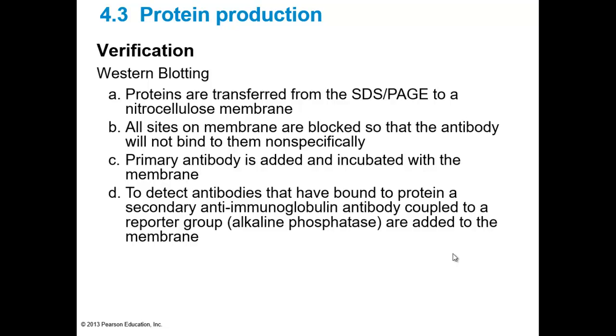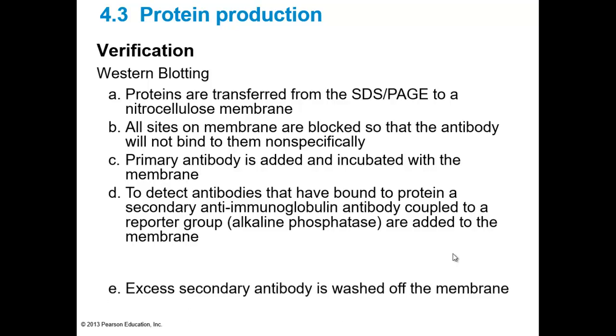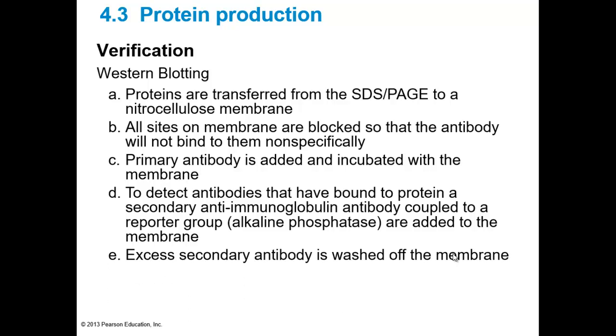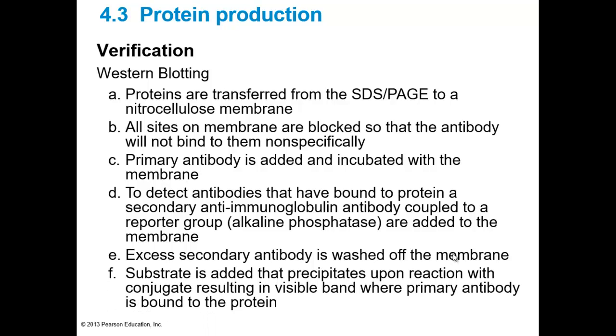It's called an anti-immunoglobulin, and so it will see the primary antibody and bind to the primary antibody, and it will have a little reporter group called alkaline phosphatase, and alkaline phosphatase will cause the band to develop, so you can see it. Excess secondary antibody is washed off the membrane, and then you add some type of substrate that binds the alkaline phosphatase, and that results in a visible band.